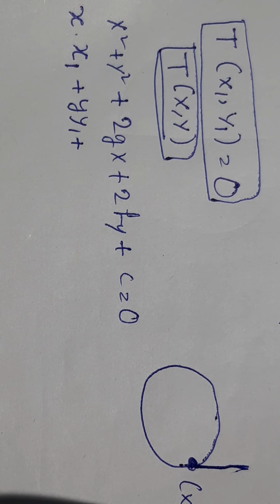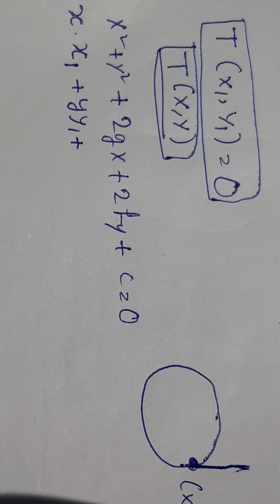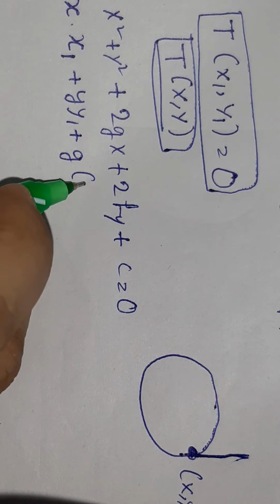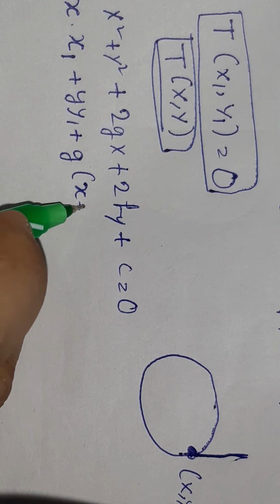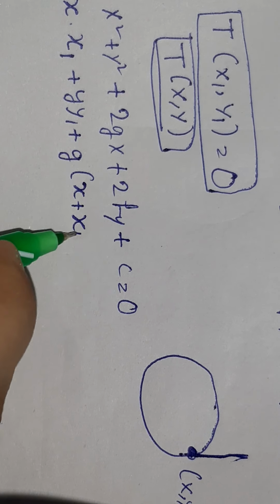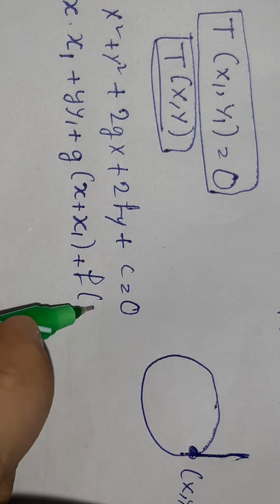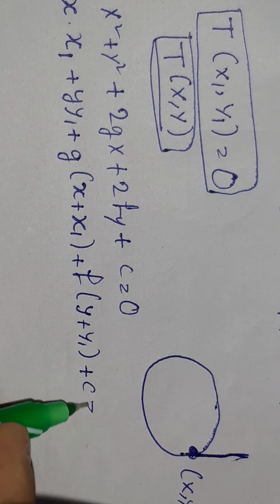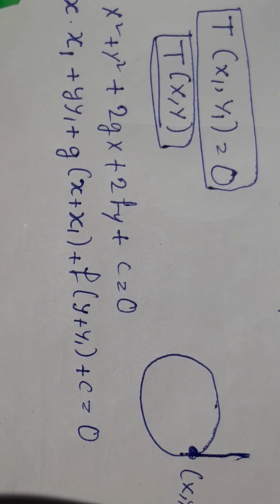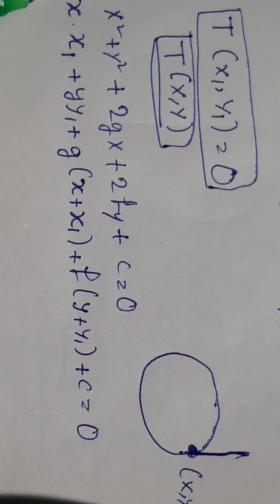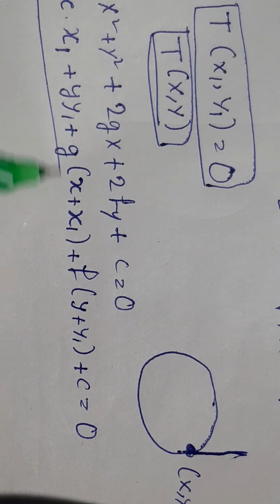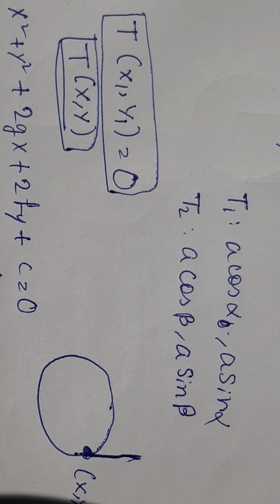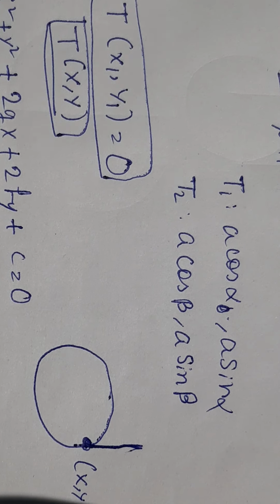And what is the 2gx? It is nothing but g into (x plus x), so take g out, keep one x and put x1 instead of x, and the same for y: f into (y plus y1), plus c equals 0. That is the equation of the tangent at (x1, y1), and that is the equation of the chord at (x1, y1), okay. So the equation of the chord.